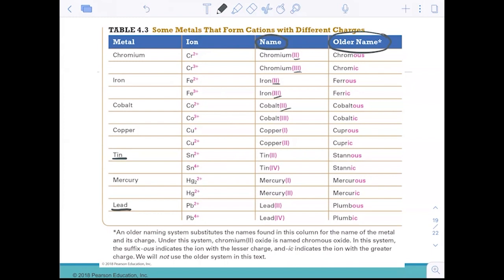I do like looking at these because sometimes on old bottles that you can see in any of the antique stores in the orange circle, they sometimes have weird stuff that have their old school name. You never know where people get these bottles. And so some of the older names like chromic or ferrous or ferric will help us identify what charge the transition metal was taking.